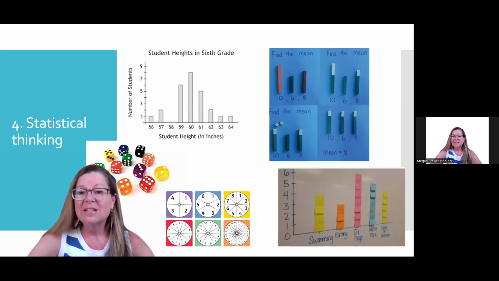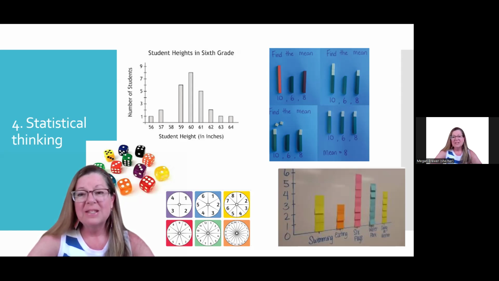Real-world context and scenarios. Presenting data in relatable situations like student heights, favorite colors, survey results on screen time, helps students connect statistics to their lives and understand its purpose.